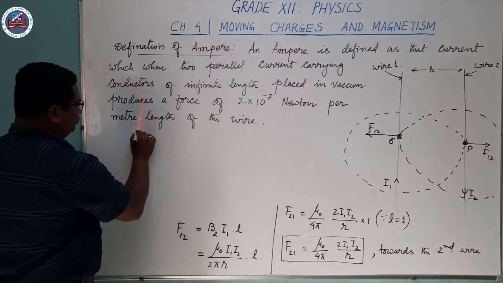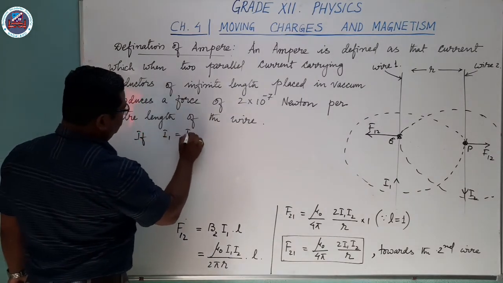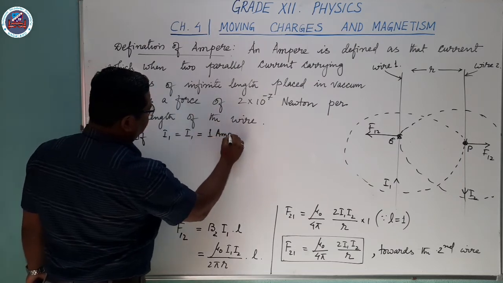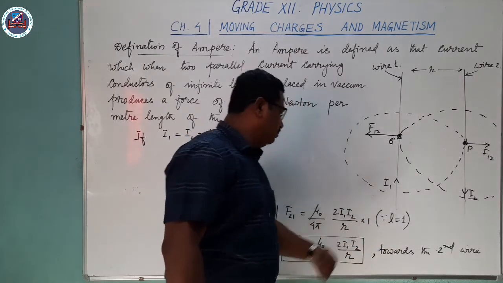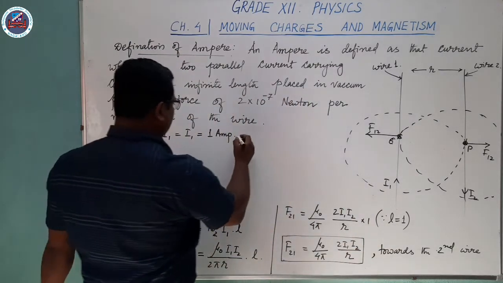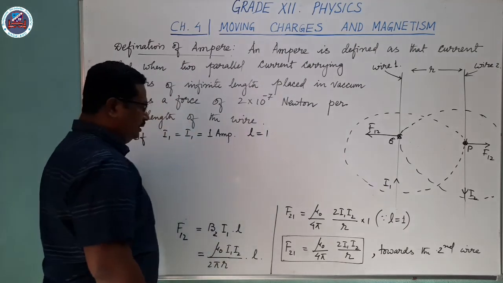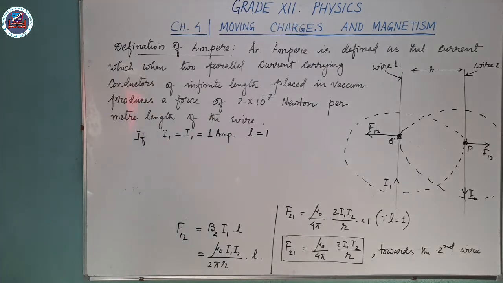If I1, I2, we need 1 ampere. So suppose this is 1 ampere. Then per unit length, suppose the length of the wire we have taken is 1, and kept a unit distance apart from each other.